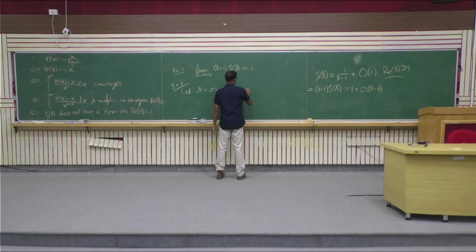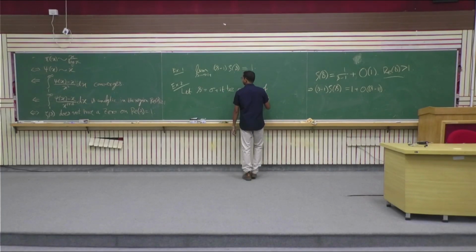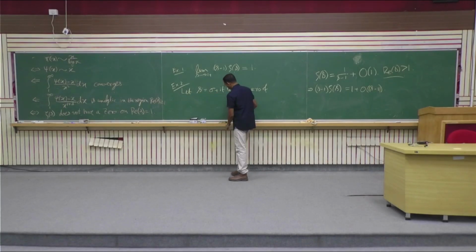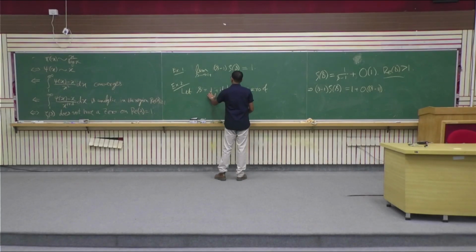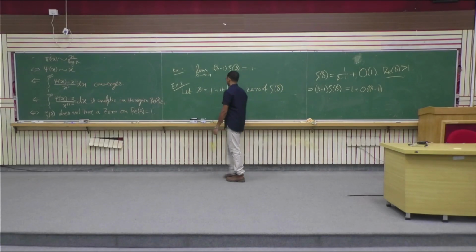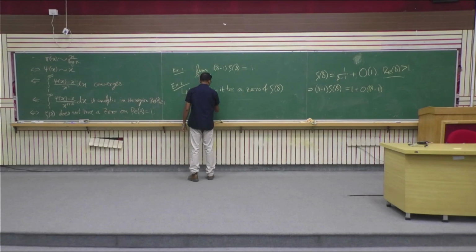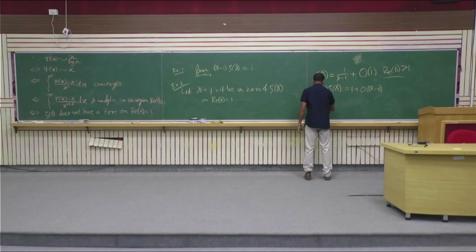Let s equal sigma plus it. Not sigma plus it, because we are saying that it is on the 1 line, so 1 plus it, be a zero of zeta(s) on the line real part of s equal to 1. This one here is just the conclusion.